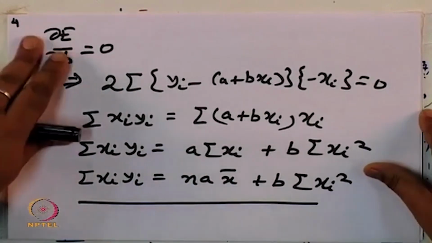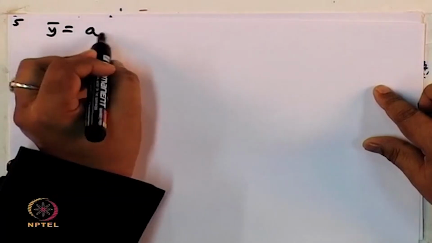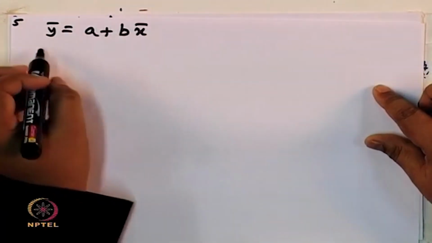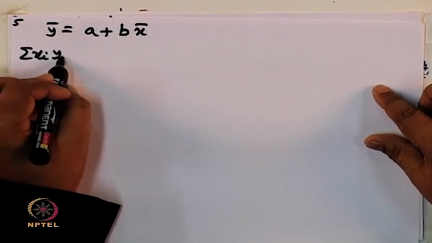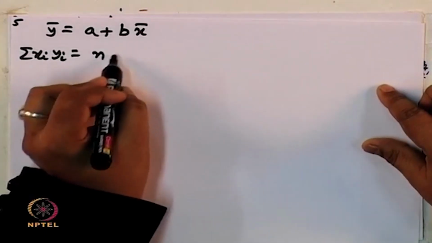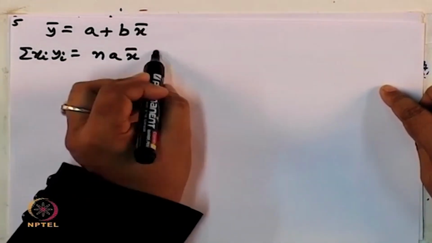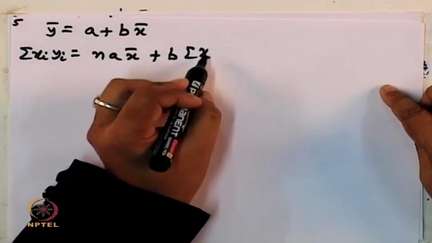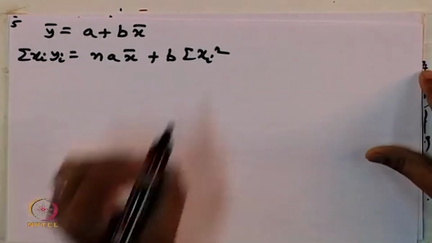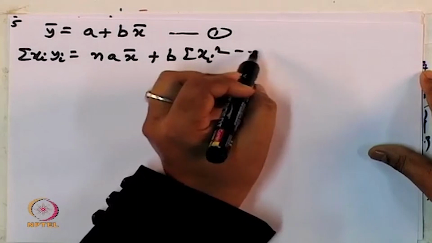Okay. So, I have two equations. So, let me write down the final equations. I have y bar is equal to a plus b x bar, and summation xi yi is equal to n a x bar plus b summation xi square. Okay. So, let us say this is my equation 1, this is my equation 2.